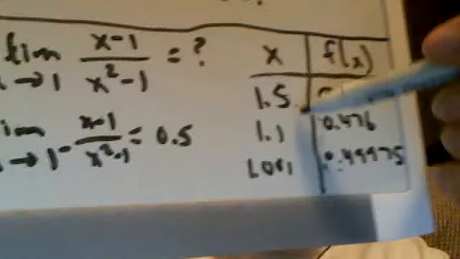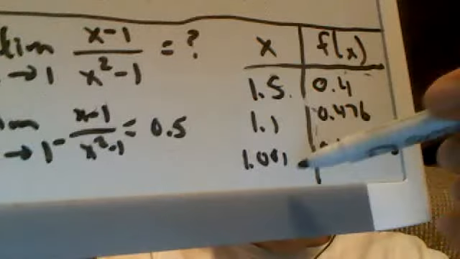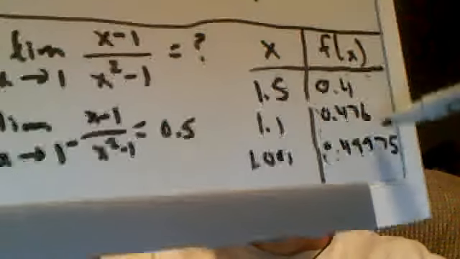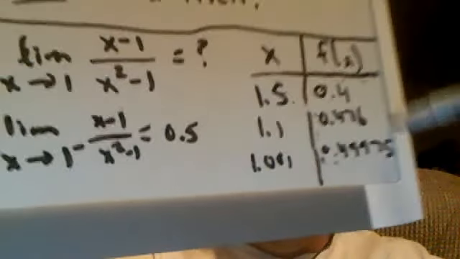And at x equals 1.001, we have 0.49975. So, again, as x gets closer and closer to 1 from the right, then f of x gets closer and closer to 0.5.